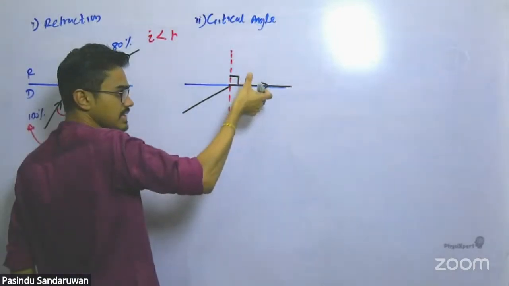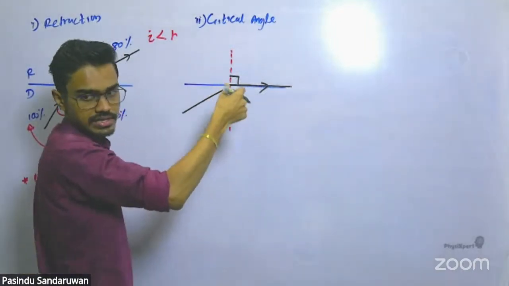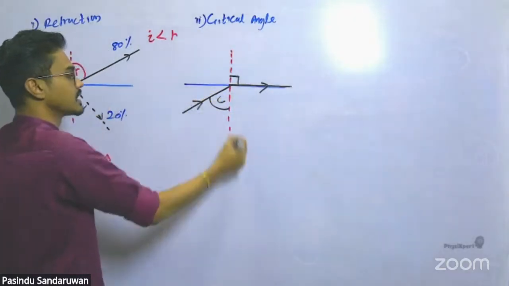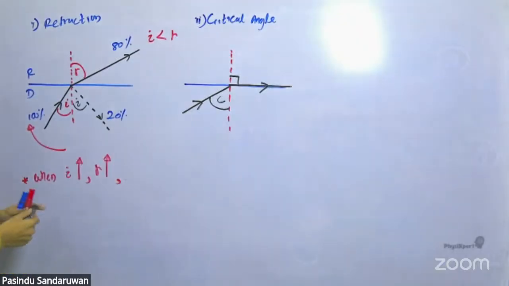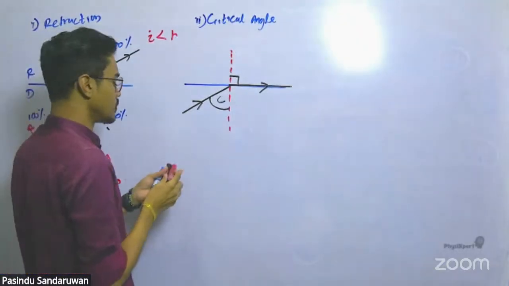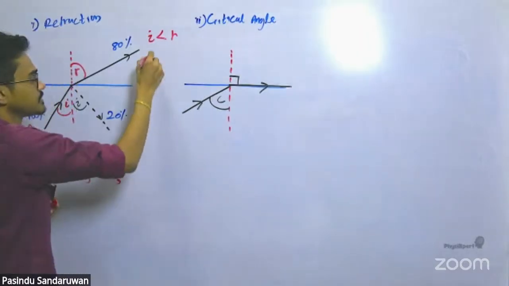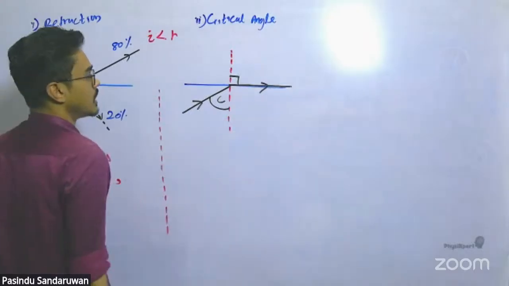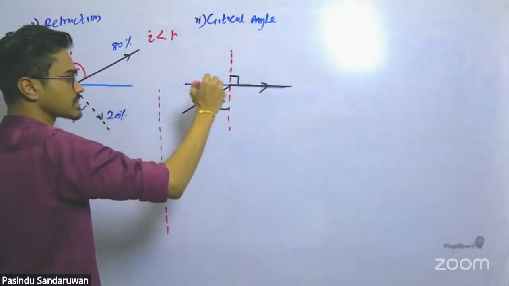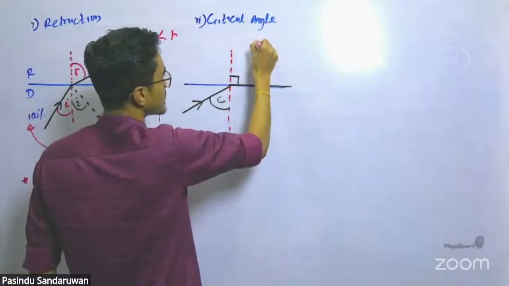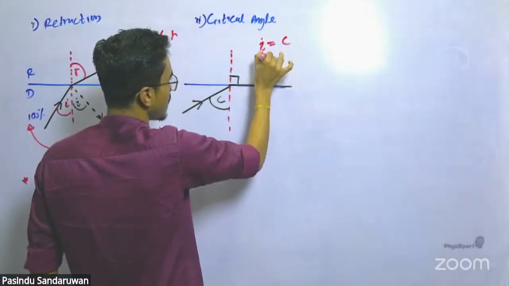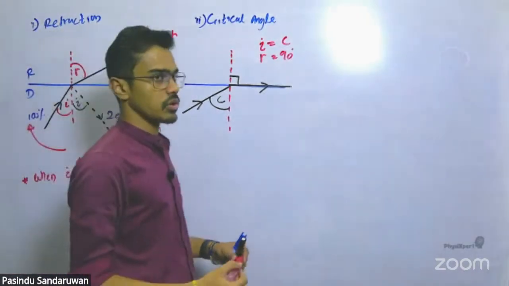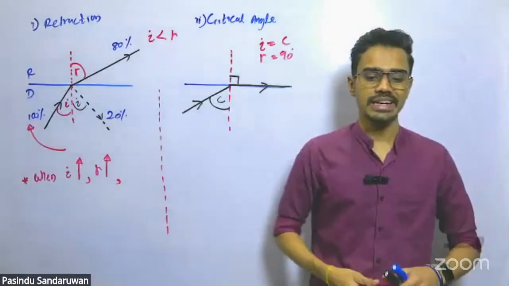The angle of incidence at this point is called the critical angle C. This is a special case because the refracted light ray travels along the common interface, the common surface. In this case, I equals C and R equals 90. That is called the critical angle.